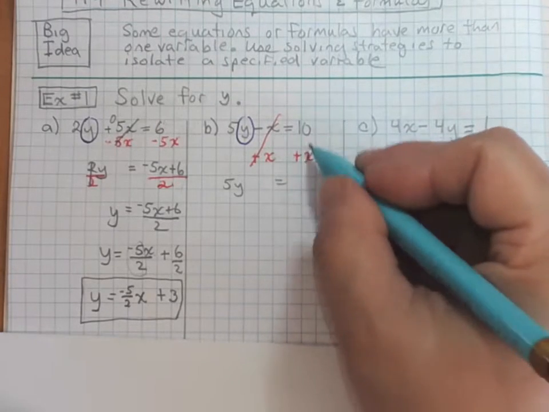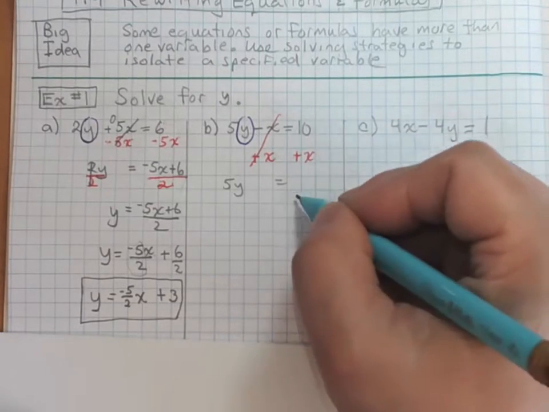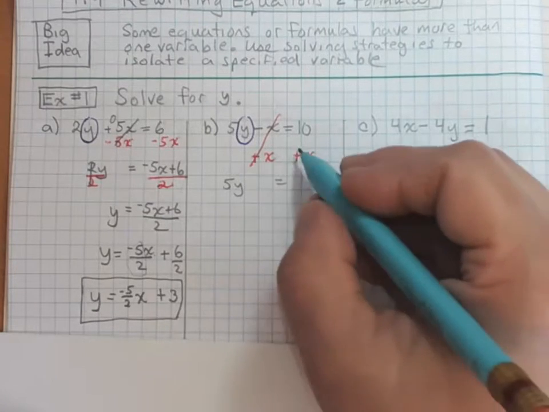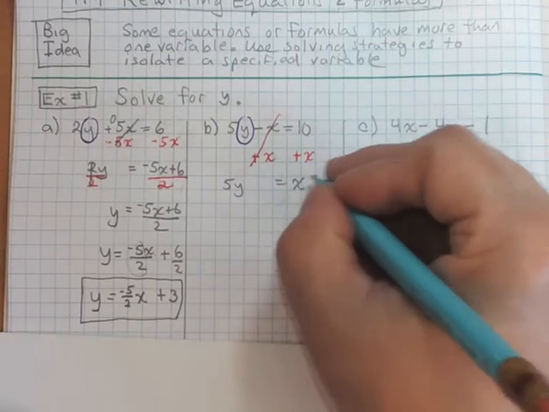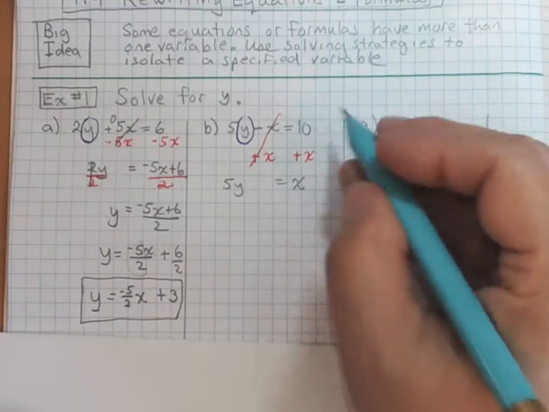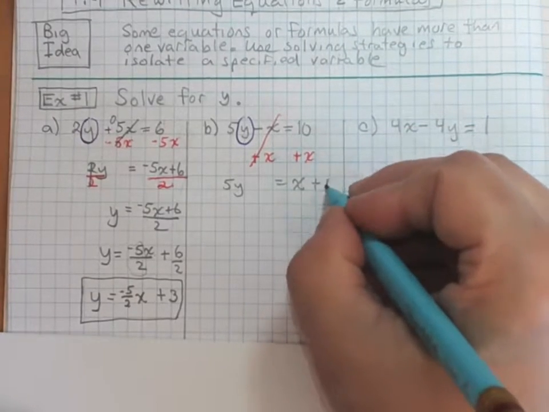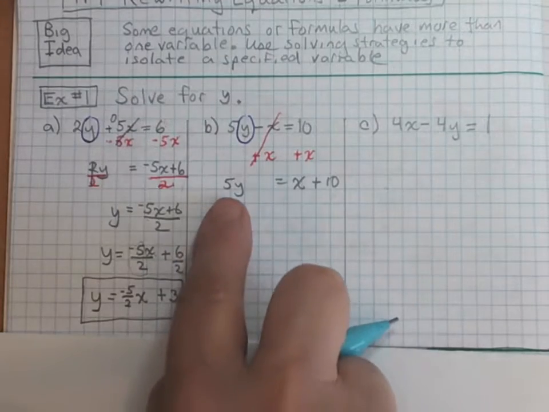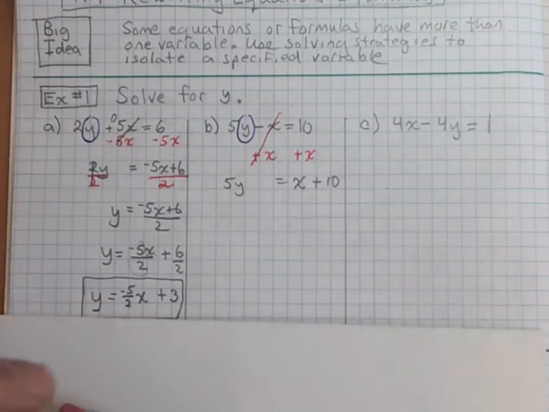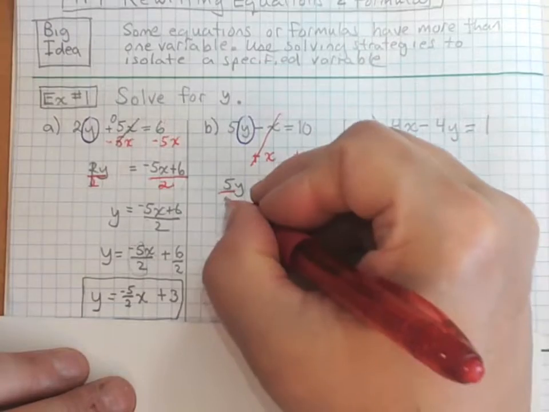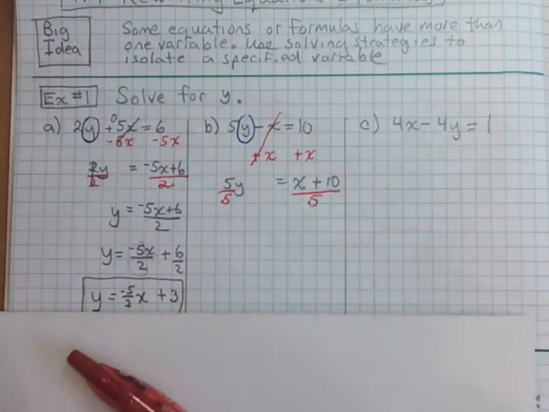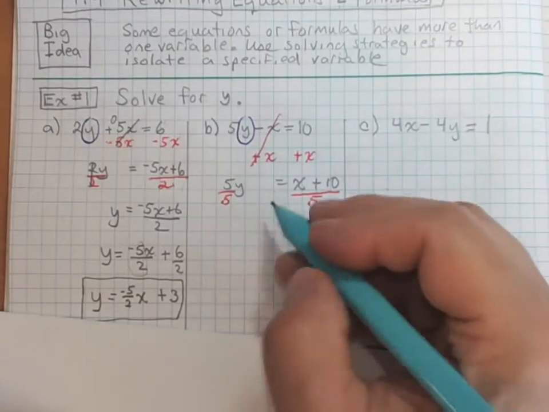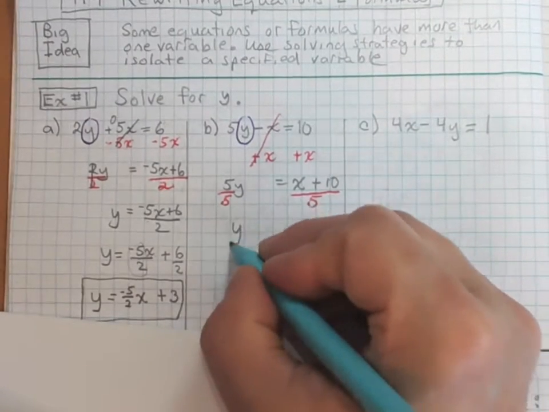Bring it down. Again, 10 plus x, I can't combine them, so I'm just going to rewrite both terms on the next line and put the variable term first for conventional purposes, that's all. And positive 10, so plus 10. Now divide both sides by the 5. The left side is just y equals.